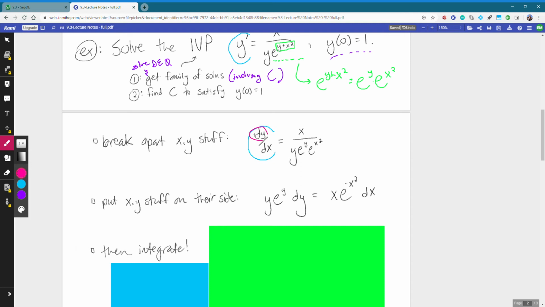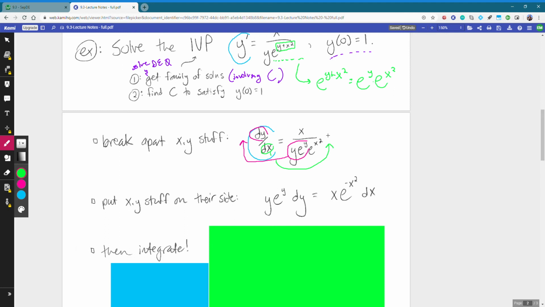That's the y side on the left, so we want to take all of our y stuff, multiply it on over, so multiply both sides by that, and we'll take our x stuff and multiply both sides by the dx.